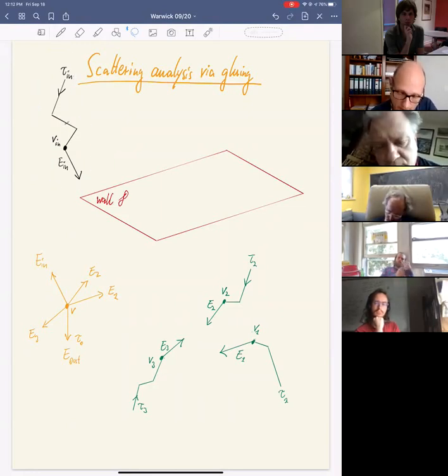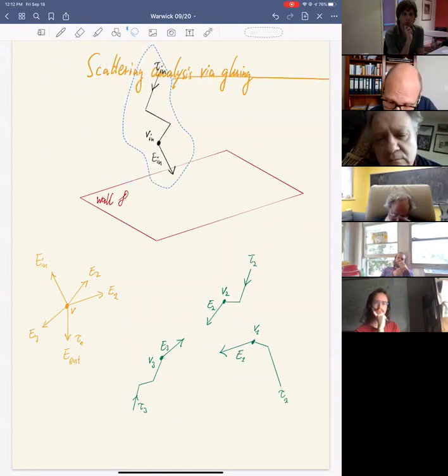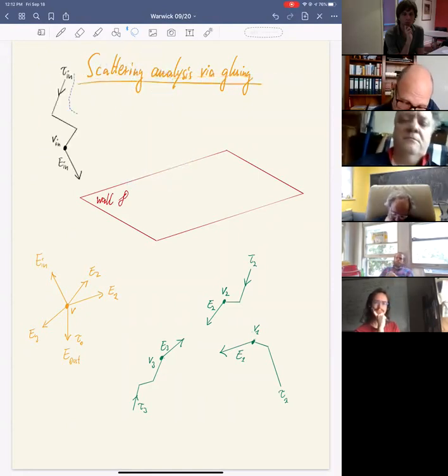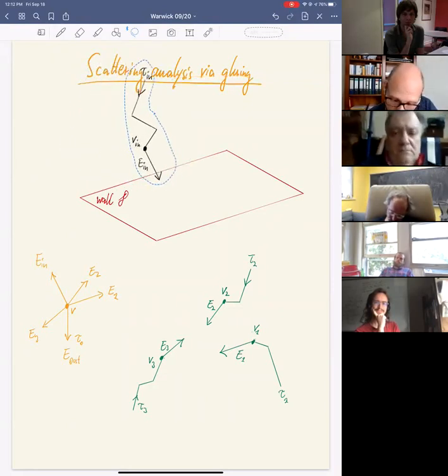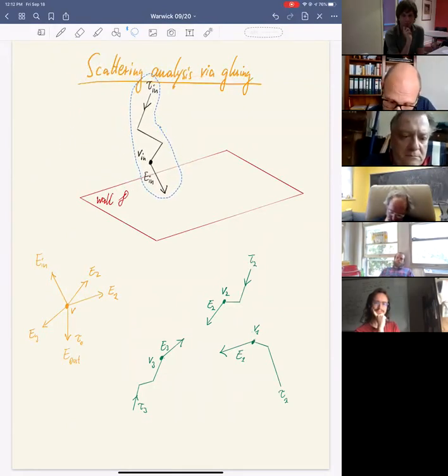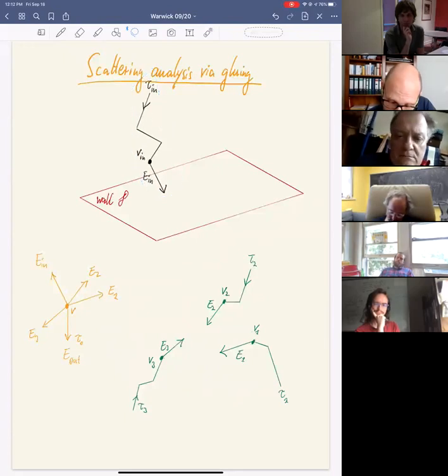So what I wanted to show is that thing. Oh, this was wrong. I have to draw correctly. Okay, so what's the situation? I have this incoming broken line.